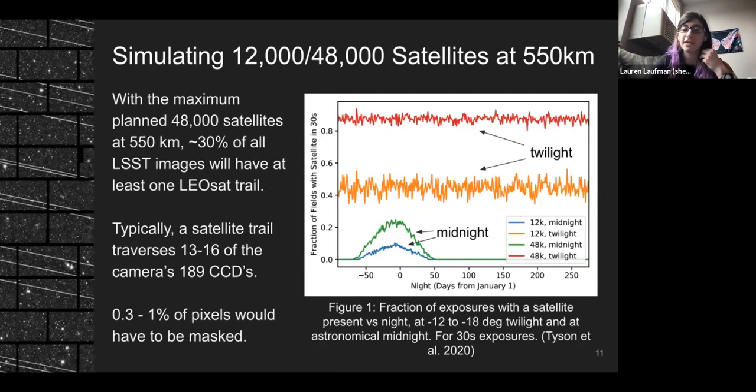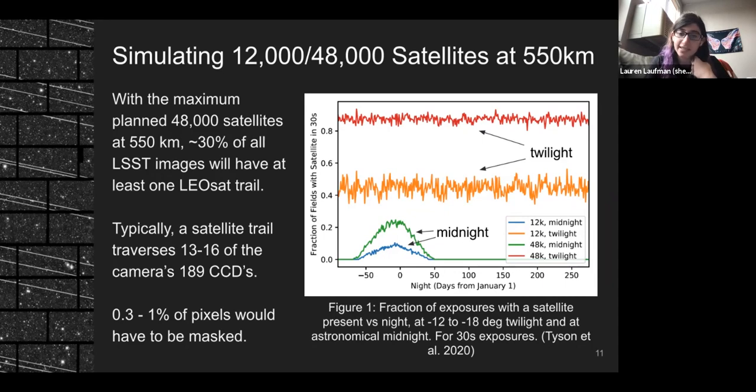This figure here on the right is an easier to understand image. The y-axis is the fraction of exposures that have a satellite present, and the x-axis is just days of the year. So right here is January 1st in the middle of winter.